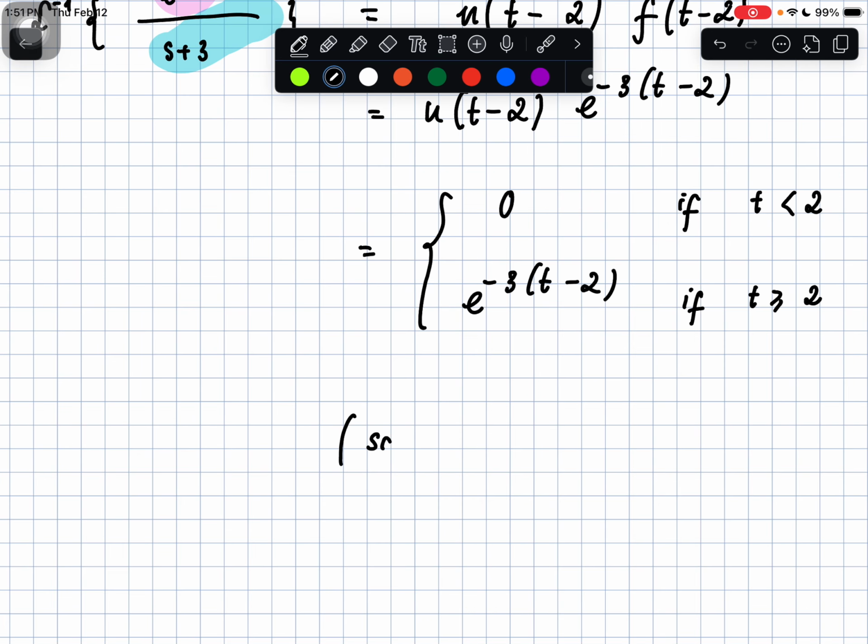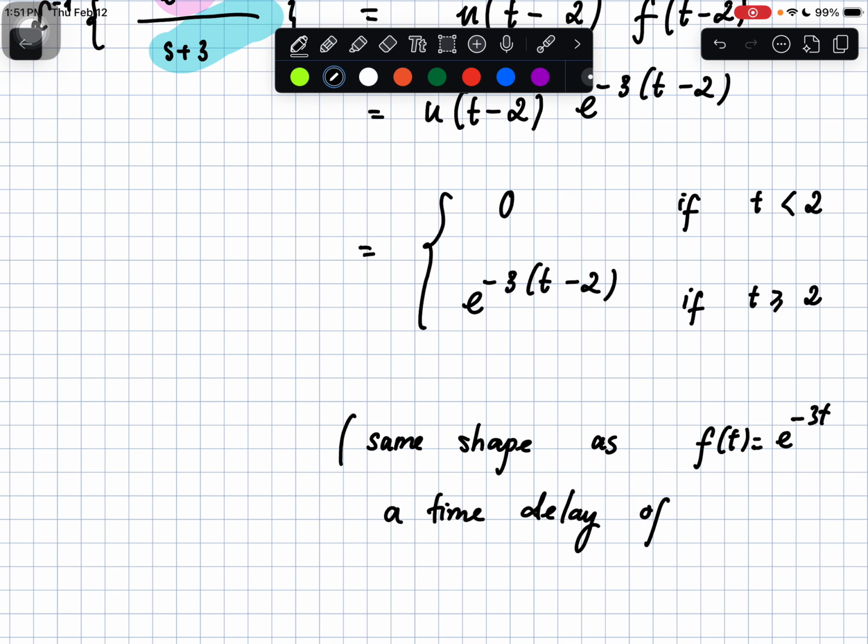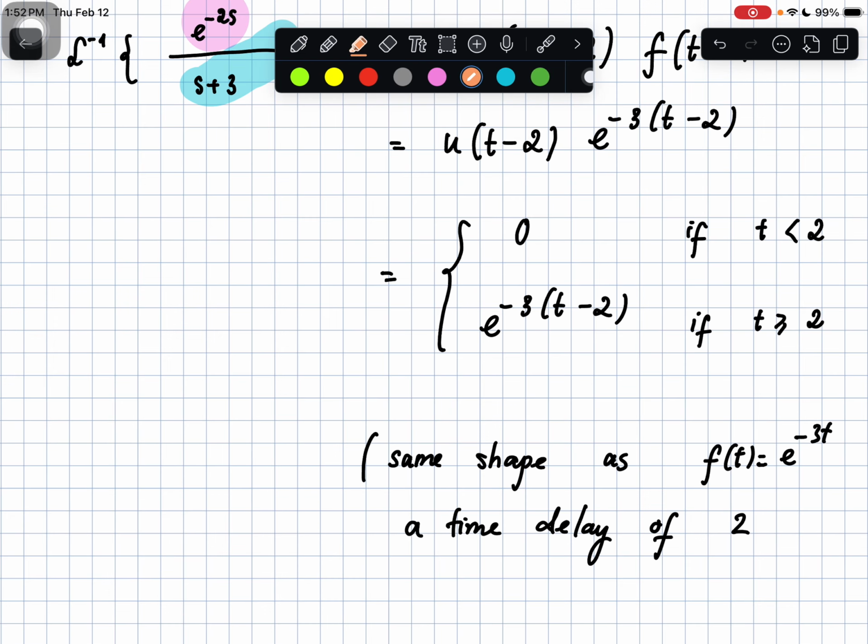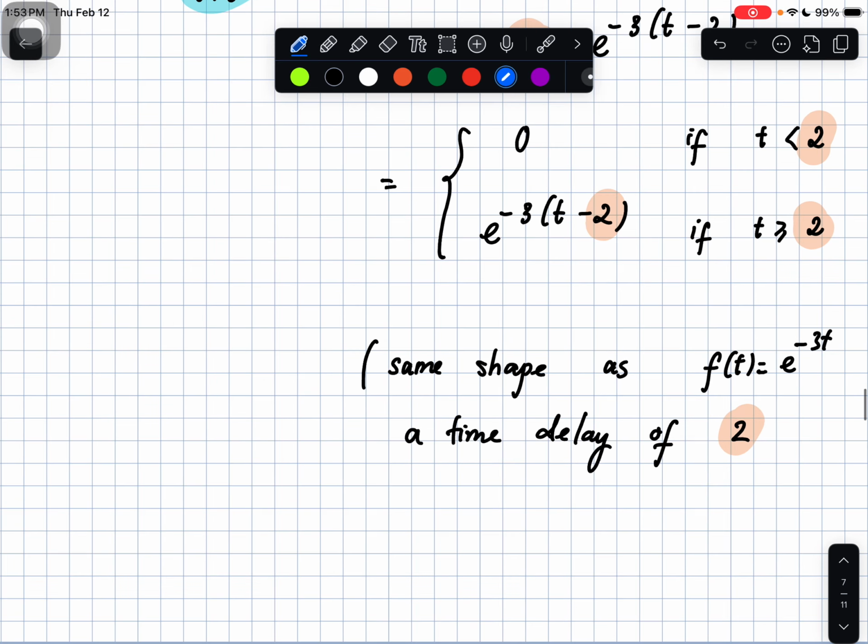Note that, as we said before, it has the same shape as f(t), e to the minus 3t, with a time delay of 2.